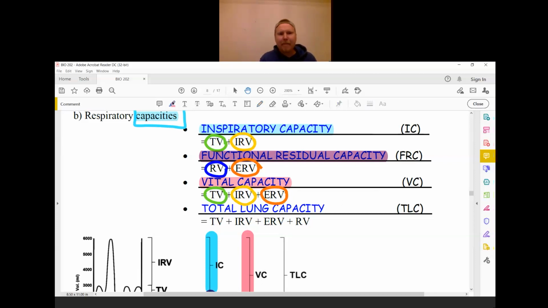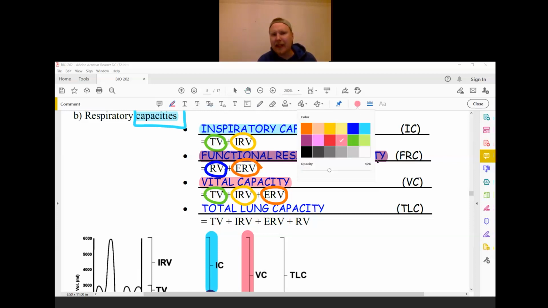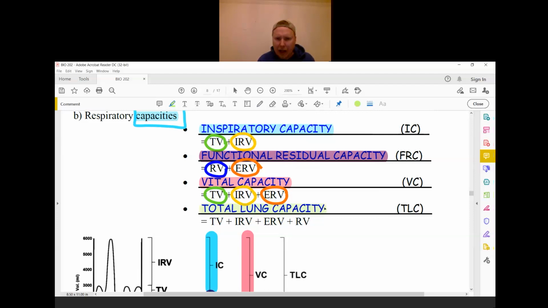The last one that I want to discuss with you is the total lung capacity.